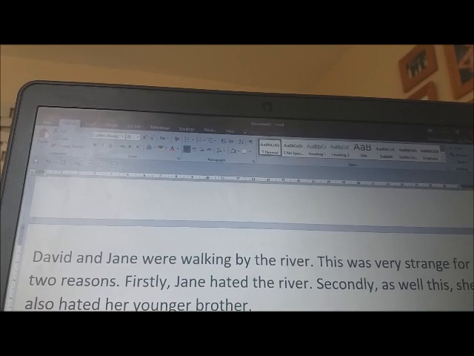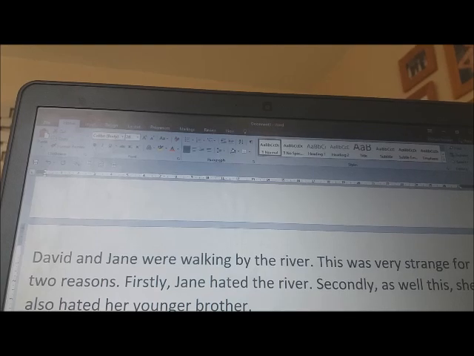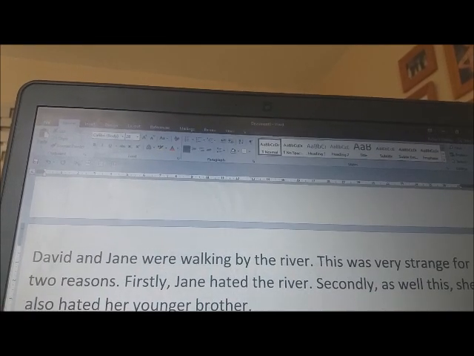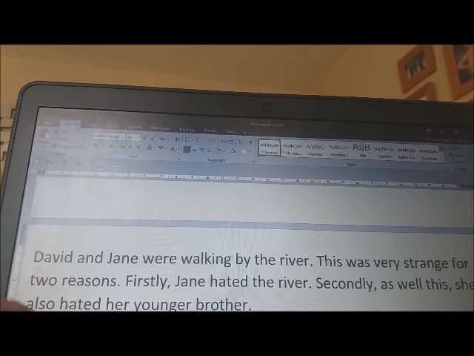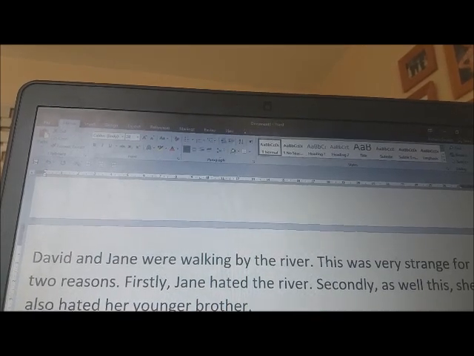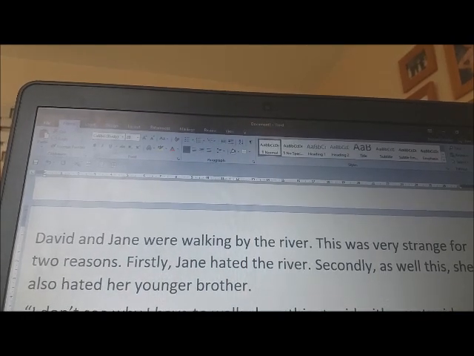I don't see why I have to walk along this stupid river, because remember, she doesn't like the river. So I don't see why I have to walk along this stupid river with my stupid brother. So that's pretty nasty, that's pretty insulting.